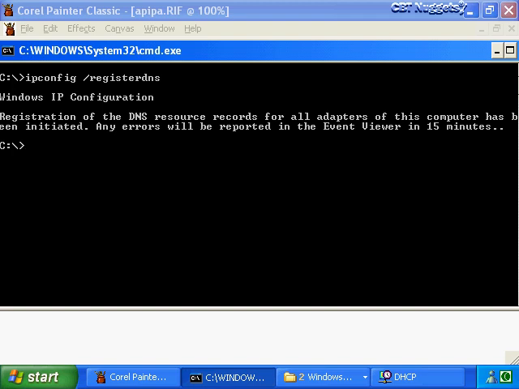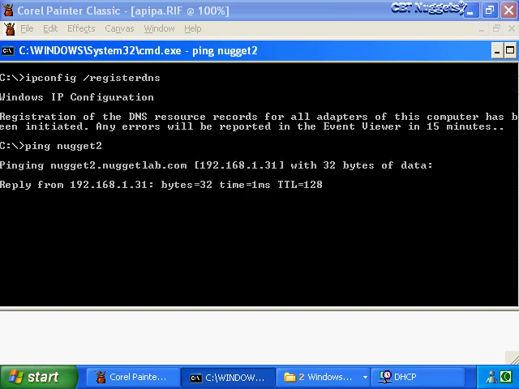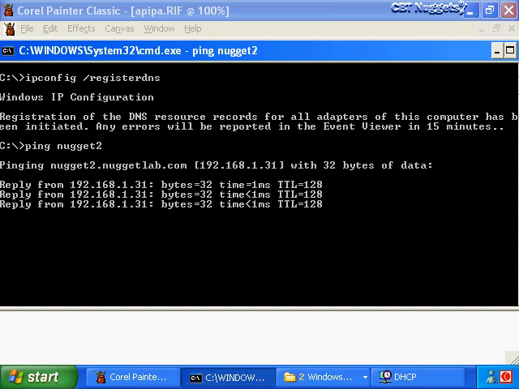Let's take a look at some utilities that we can use for troubleshooting our network connections. The first command is called the ping command, and we can use this to see if a computer is up and running on the network, and we can ping either by a host name or an IP address. So if I type in, for example, nugget2, that'll actually ping the host name, so it's going to try to contact the DNS server and find this computer.